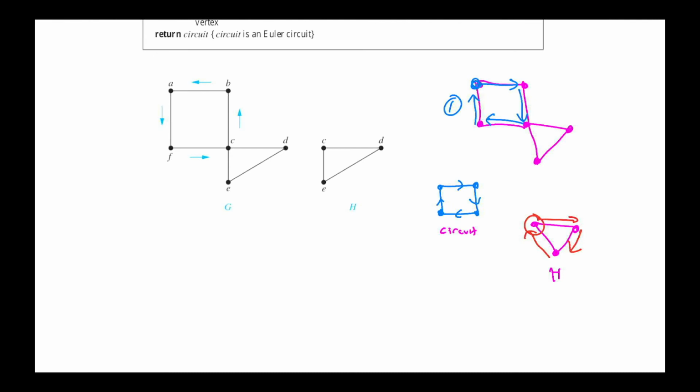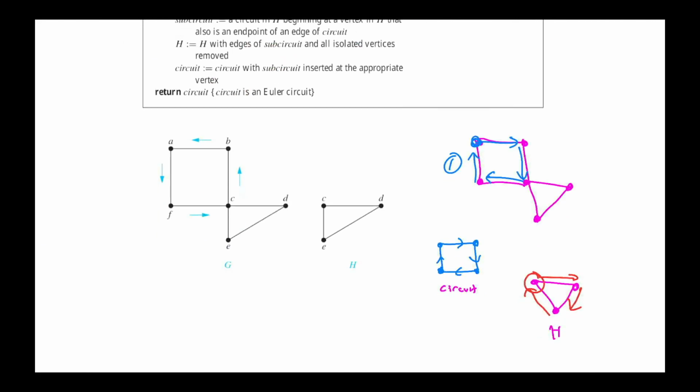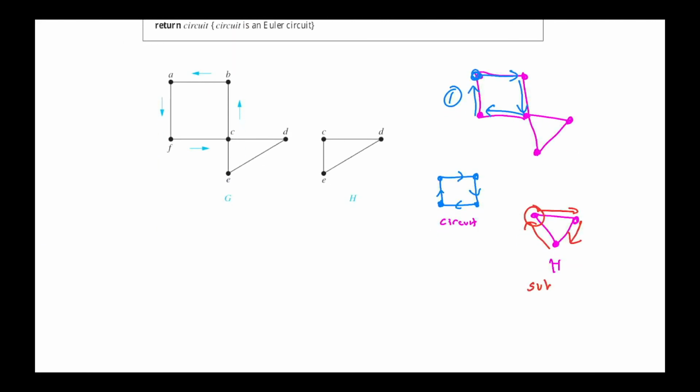Okay? There you go. And that's what we call the subcircuit. Okay? Then what you do is you take the subcircuit away. So we have the first circuit that we found, and then we have the subcircuit that we found.